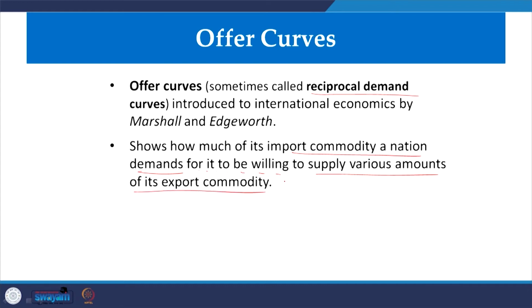What do you mean by that? While you are importing, usually that is called import demand. So, when you are importing, there must be a reciprocity attached to it. When we are importing, we have certain conditions attached; we have reciprocity to supply equivalent to the amounts we have imported.